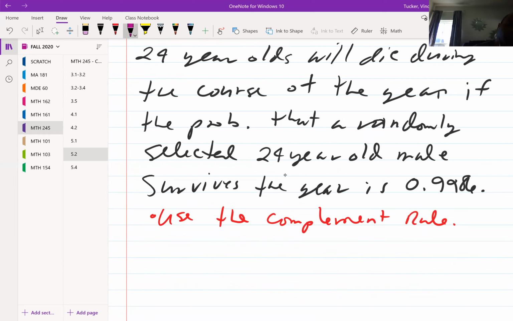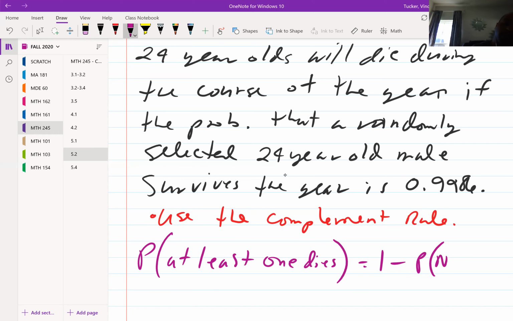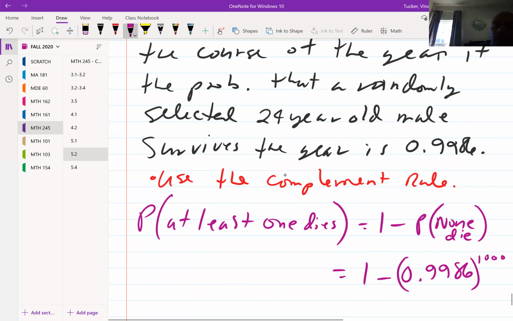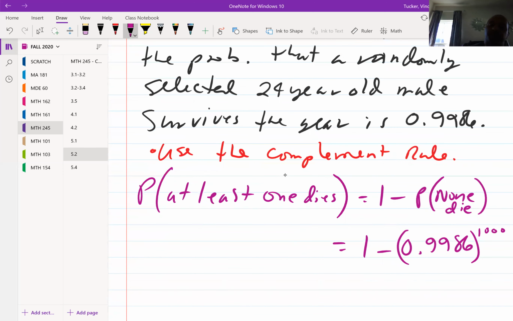I can write it this way. Probability of at least one dies would be 1 minus the probability that none die. In other words, all survive. So that's going to be 1 minus, now the probability of none dying is 0.9986 raised to the 1,000 power, because we had 1,000, at least one out of the 1,000 males.